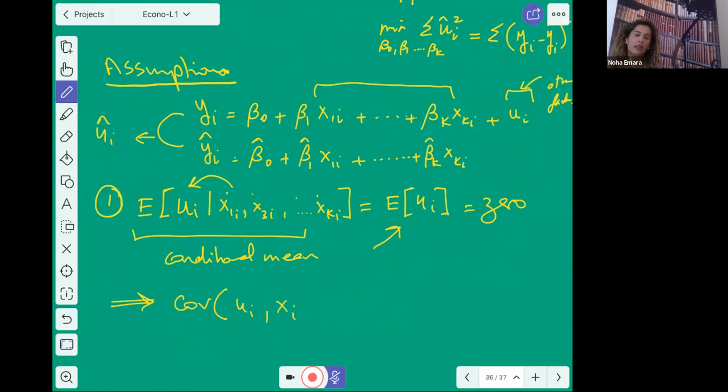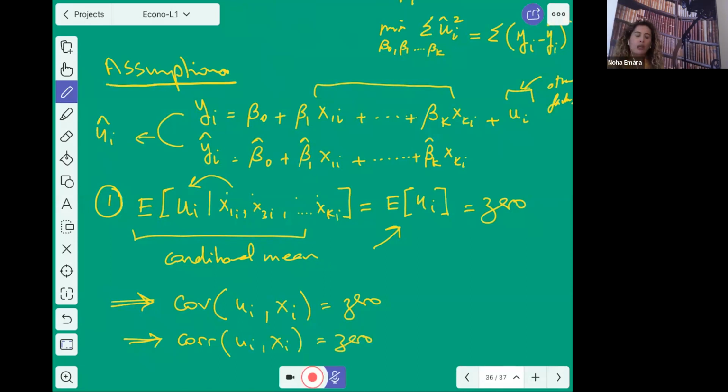I'm going to write it as xi, but you can change it for x1 or x2 or x3 or xk. So the covariance between ui and xi is equal to 0. And if the covariance is equal to 0, then the correlation is also 0. The correlation is actually made out of the covariance. In order to get the correlation, you have to compute the covariance.